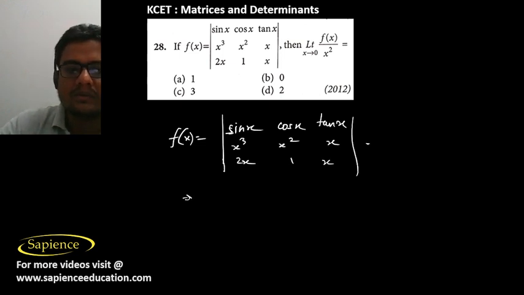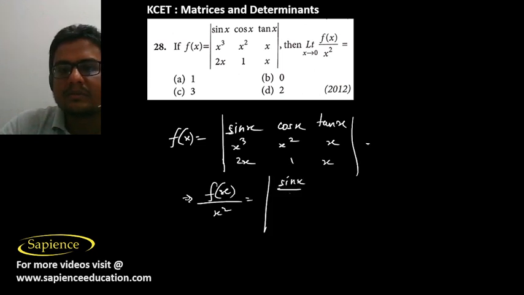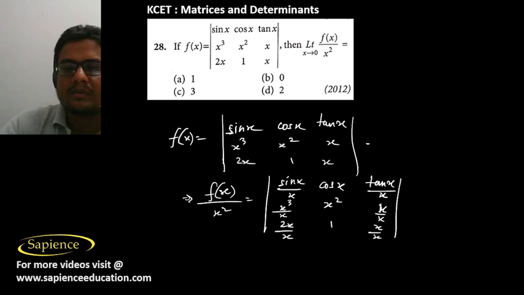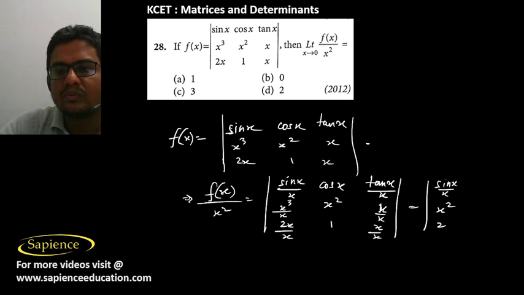So therefore f of x by x square will be equal to, that I can do, sin x by x and x cube by x, 2x by x, then this is cos x, x square, 1, and this will be tan x by x, x by x, and this is also x by x. So this is sin x by x, x square, 2, cos x, x square, 1, and tan x by x, 1, 1.